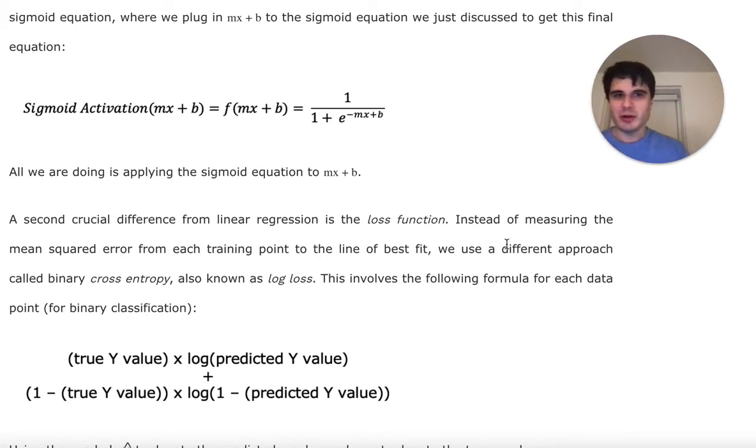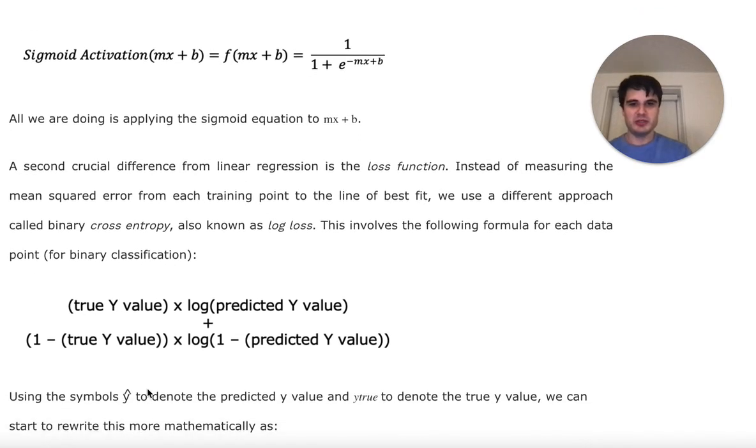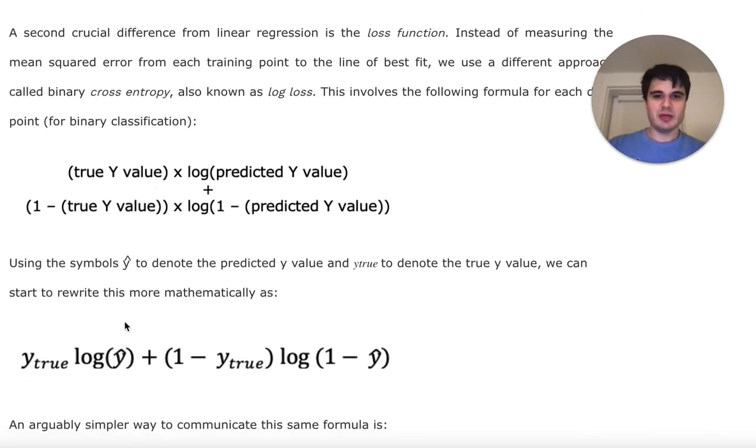That doesn't quite work for classification. So in classification, what we do is something called cross entropy, which in the case of binary classification, we use a binary cross entropy loss function, which looks like this, where y hat is the predicted value and y true is the true value.